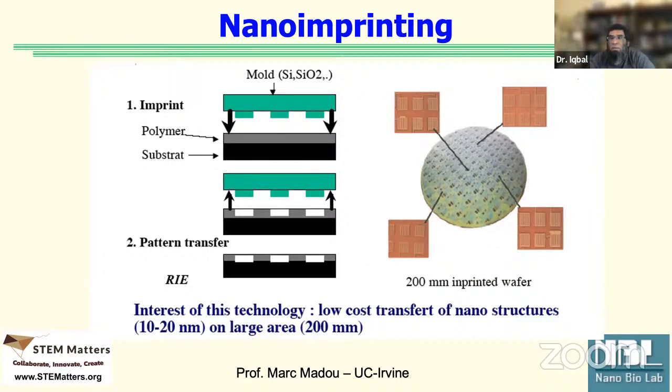Question, Emmett, go ahead. Sir, can we use acids to remove the oxidations or masks, sir? So in this case, we are not using a mask for the imprinting process, for the lithography process. We may have made the master that we are using to stamp, or master or mold, using E-beam lithography or maybe a mask.